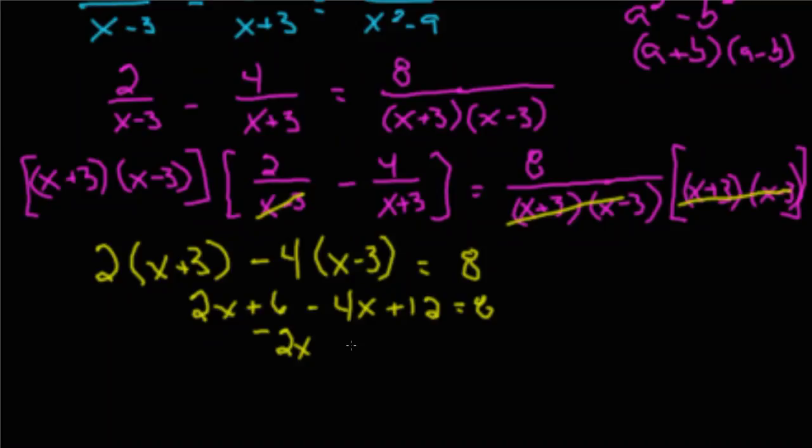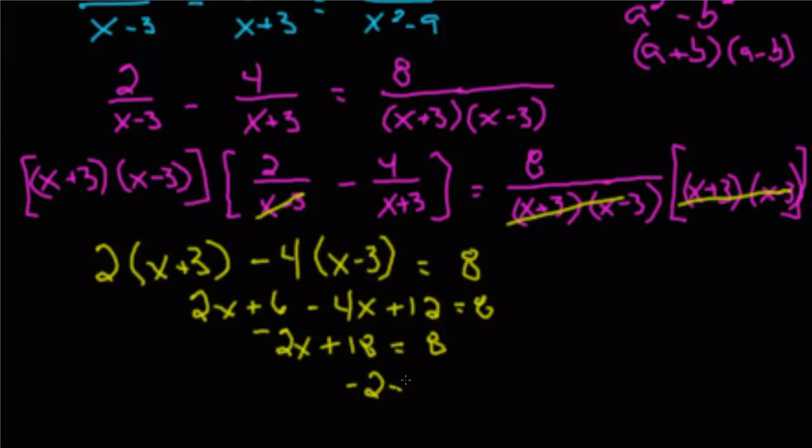And that is equal to 8. So now, if we subtract 18 from both sides of this equation, we'll get negative 2x equals negative 10. And then if we divide by a negative 2 on both sides, we'll get x equals 5.